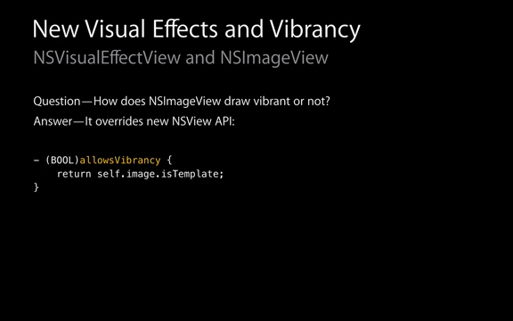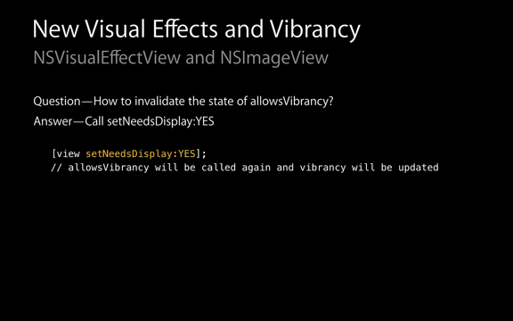Very simple. So you may be wondering then, well, how do I signal to the system that that's changed? What if my answer is changing based on something that I set, like change the image or whatnot? And just like normal AppKit things, if you change the state of vibrancy or need the question to be asked to you again, you just call setNeedsDisplay, and we'll automatically call back and update the vibrancy effect for your view.